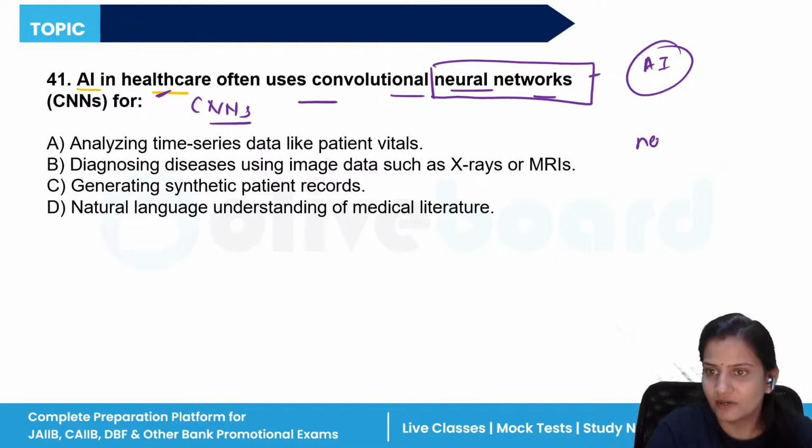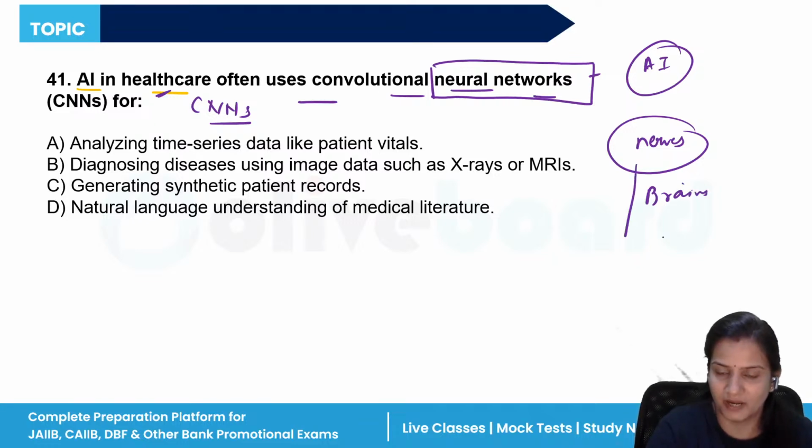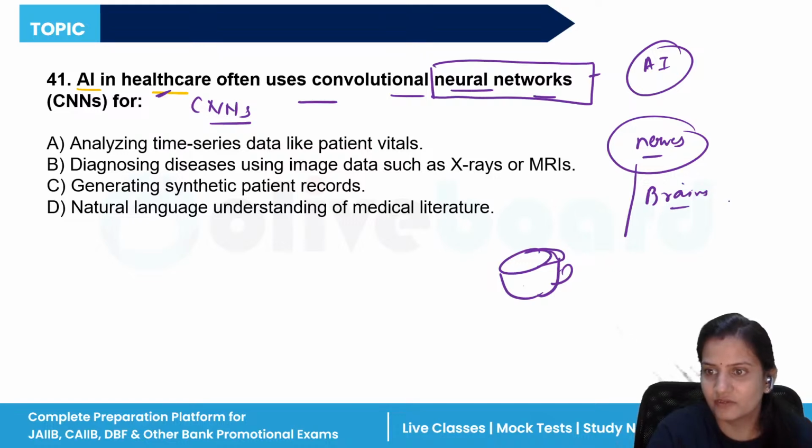We have nerves in our brain, and these nerves help us perform all the functioning of the brain. Suppose we touch a hot cup of tea, our nerves, our brain will function immediately and we have to remove our hand. It will say, no, it is very hot. Then you remove your hand, but it happens in a fraction of a second. You can't calculate that time.